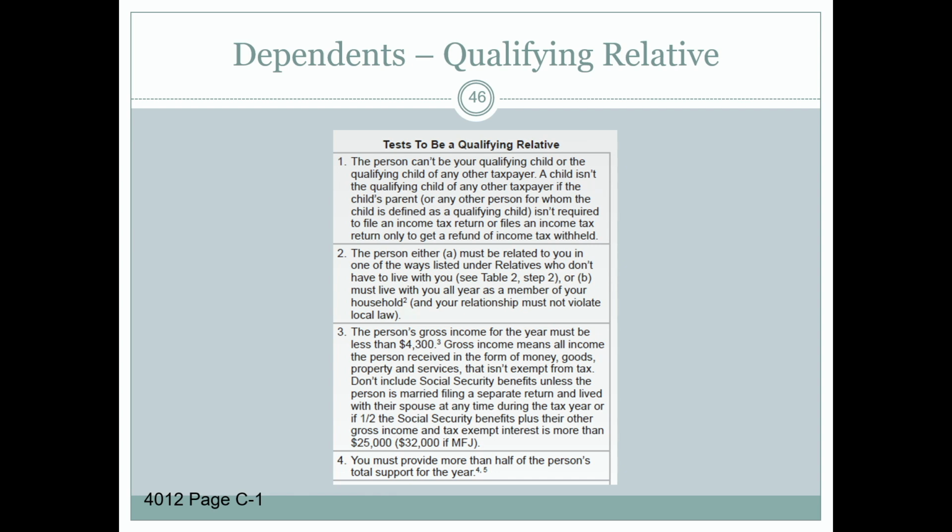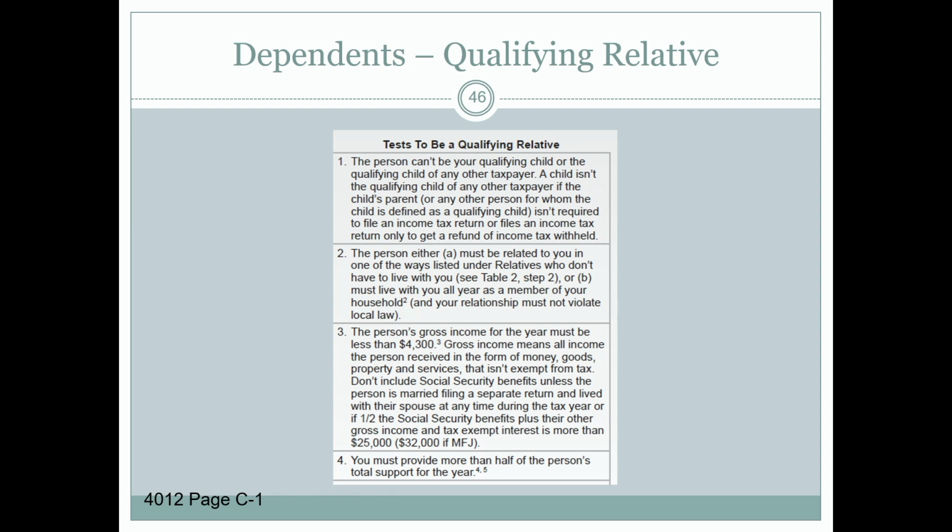It says a child isn't the qualifying child of another taxpayer if the child's parent or any other person for whom the child is defined as a qualifying child isn't required to file an income tax return, or they file it only to get a refund of that withheld income tax.